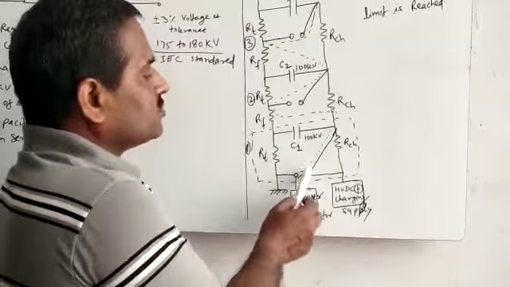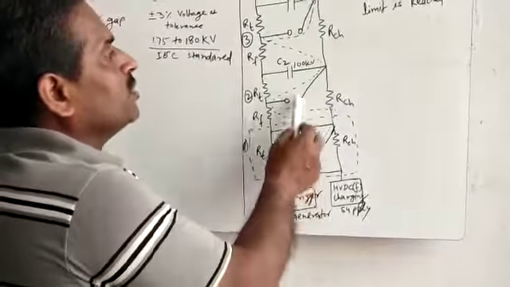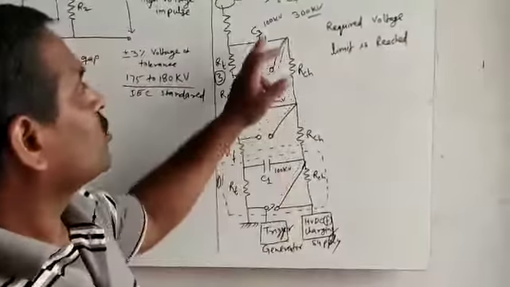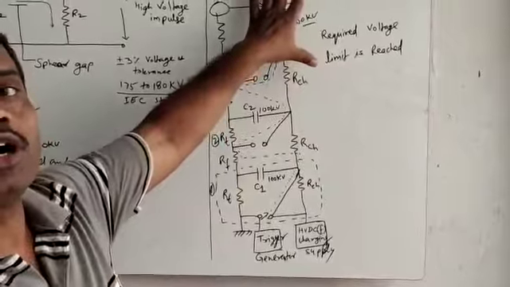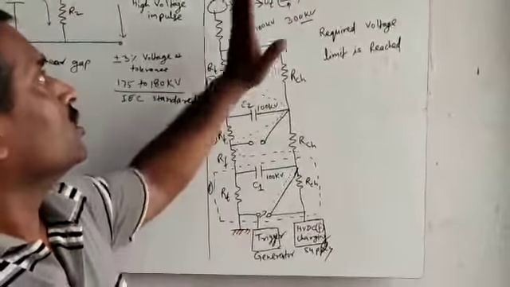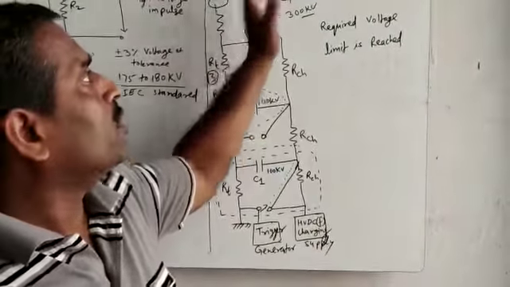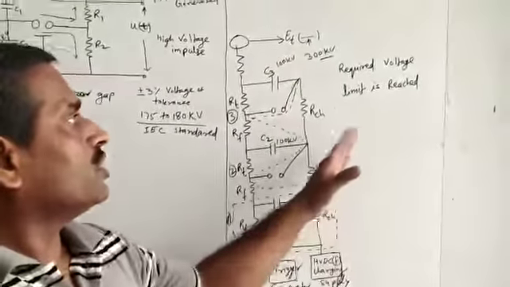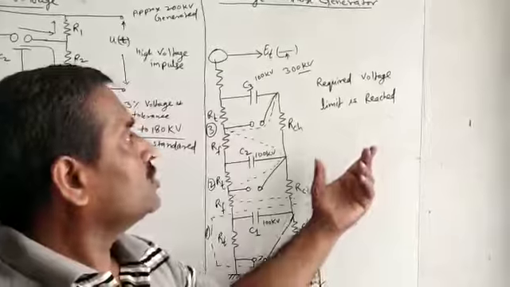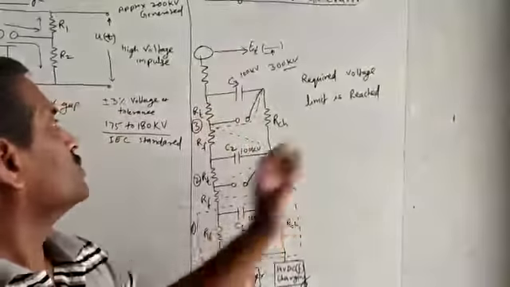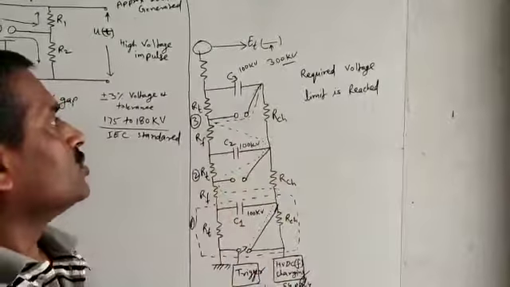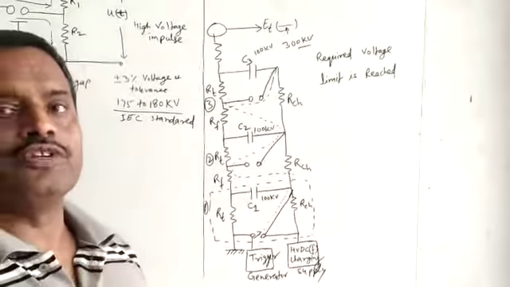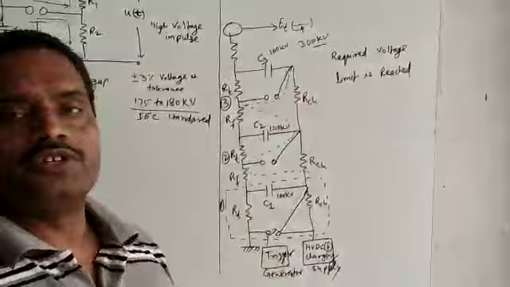All the sphere gaps will be connected automatically in series, and we get approximately 300 kilovolt at the output of this circuit. Now in the multi-stage impulse generator circuit, we have to account for the total tolerance of 3%. It will become approximately 275 kilovolt at the end of the multi-stage impulse generator.